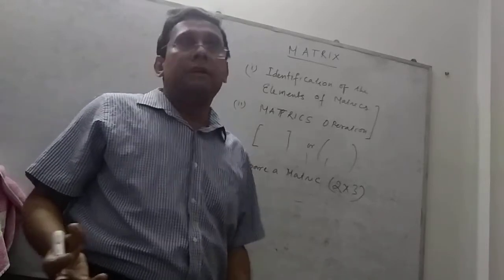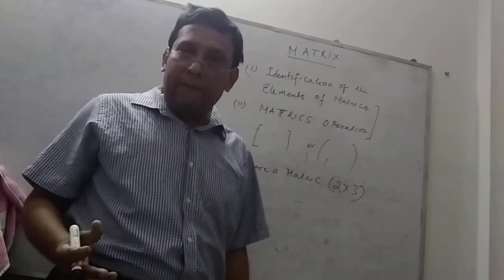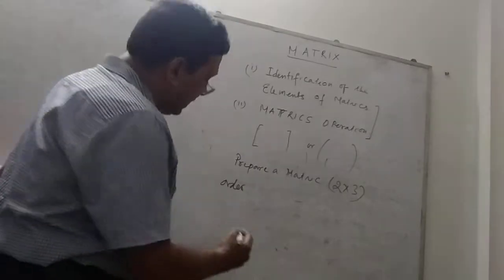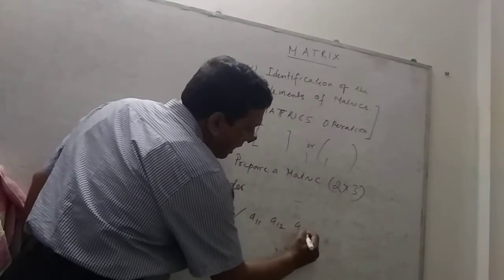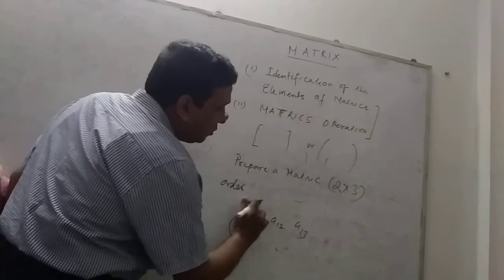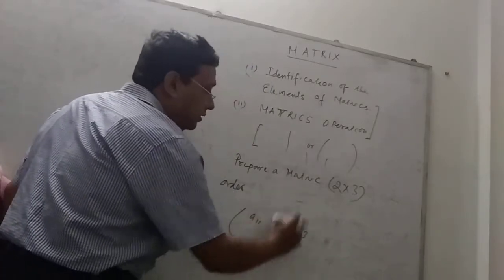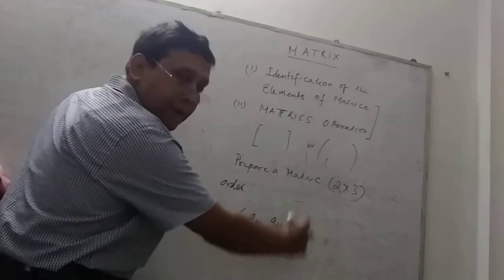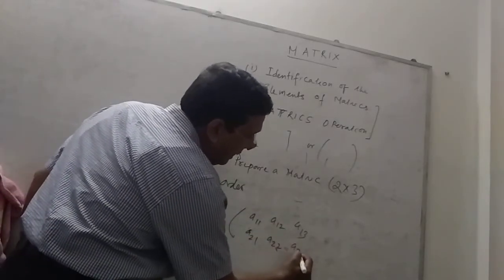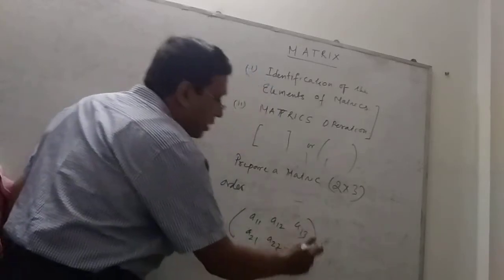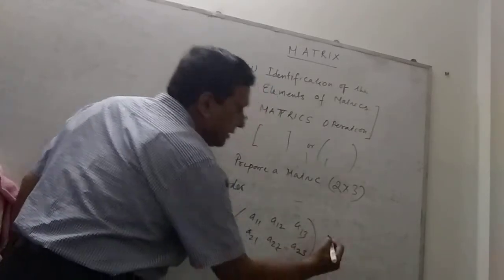If I am asked to prepare a 2 by 3 matrix, then I should write it like this: A11, A12, A13, so I have the first row with 3 columns. Here I write A21, A22, A23. So this is a 2 by 3 matrix.